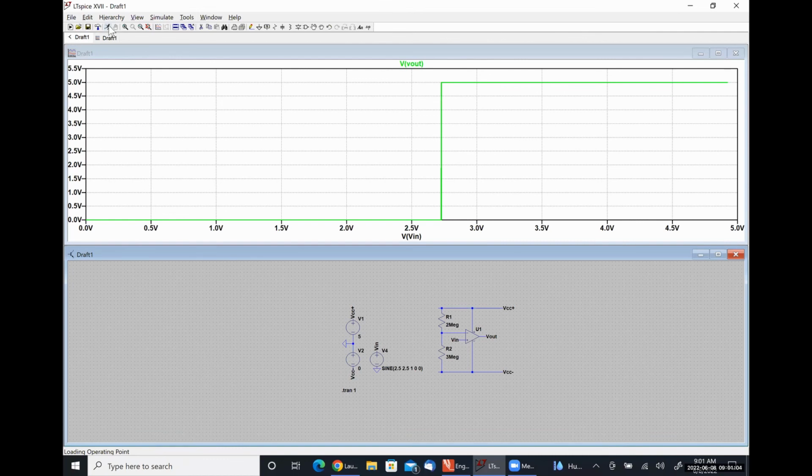My reference voltage is no longer 3 volts because I don't effectively have a voltage divider. I'm allowing too much current to flow into the inverting input terminal of the op amp.